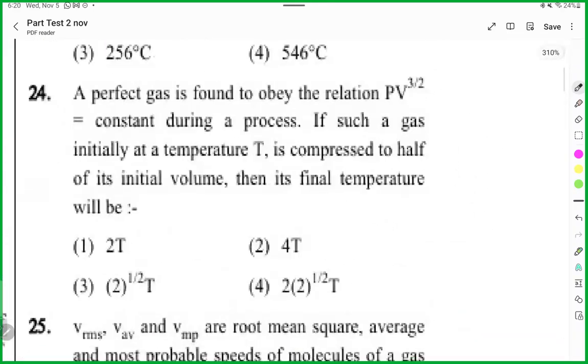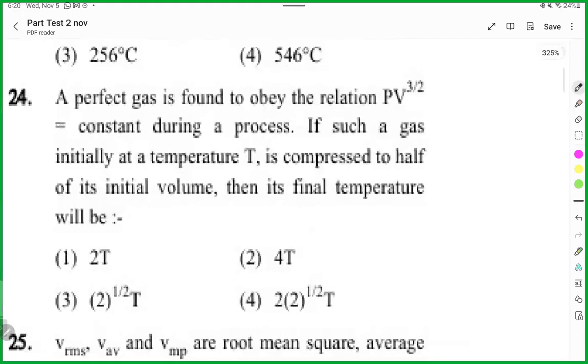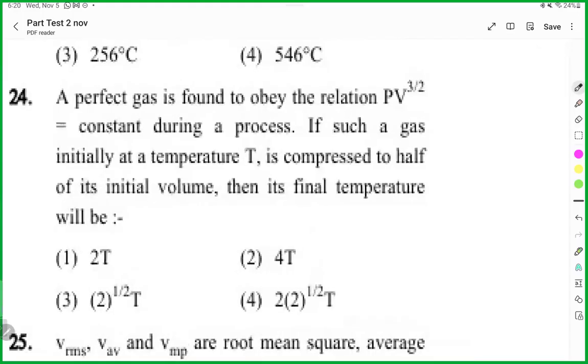If no, all of you will solve this question because we already did this. You know, PV gamma is equal to constant. Same question. PV gamma is equal to constant.